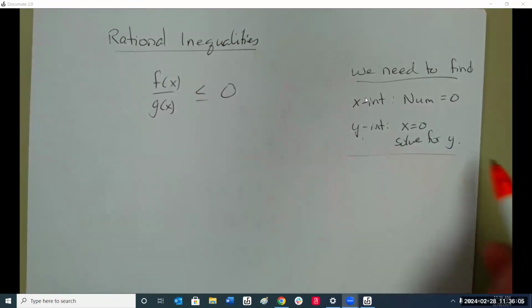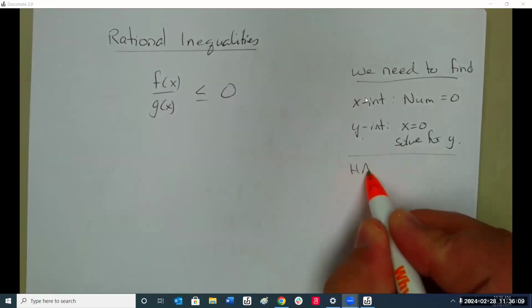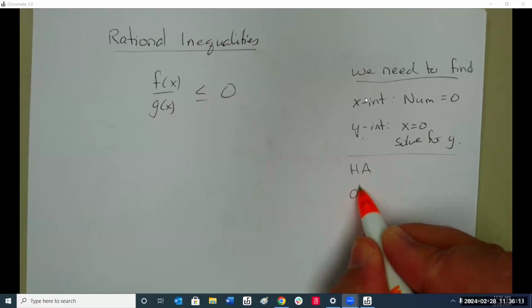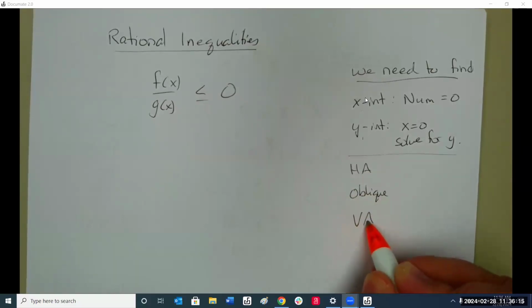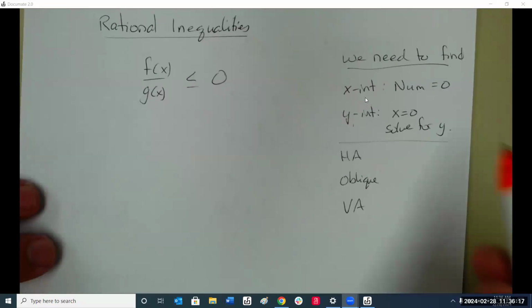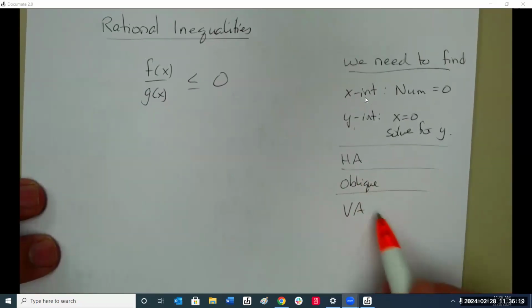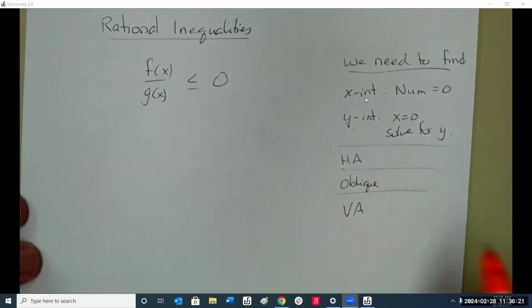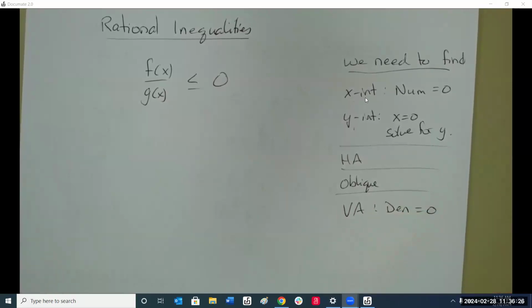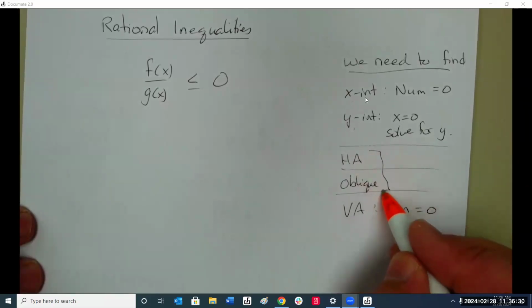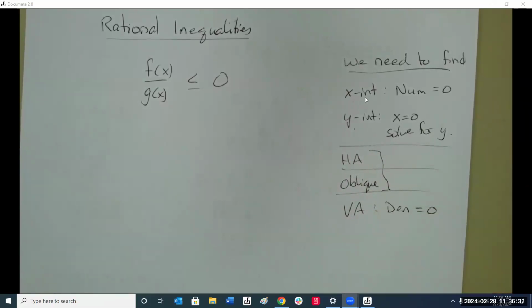Okay, what else do we find? Asymptotes. We have horizontal, we have oblique, and we have the vertical. How do we find the vertical? Denominator equal to 0. And then you could have either horizontal or oblique. How do you find those?